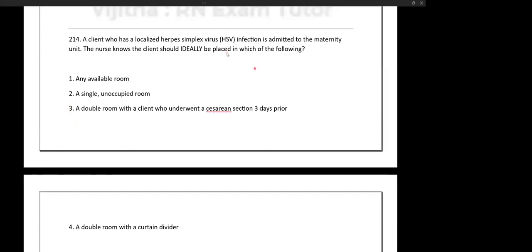Okay, it is not transmitted through airborne, but it gets transmitted through direct contact. So the better room that can be given is the second one. So what is the answer for this? Yes, please. What is the answer? Second one. Oh, okay.